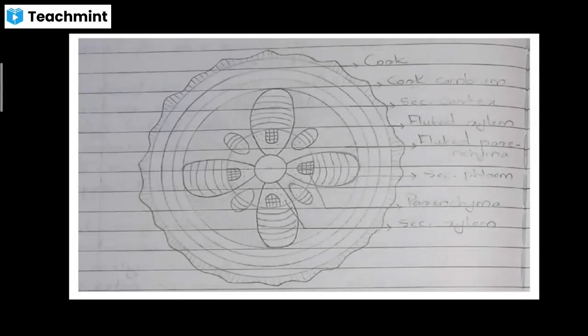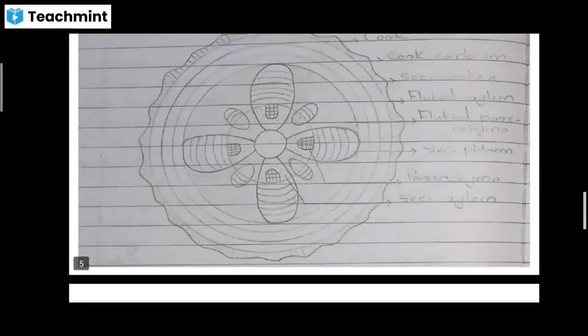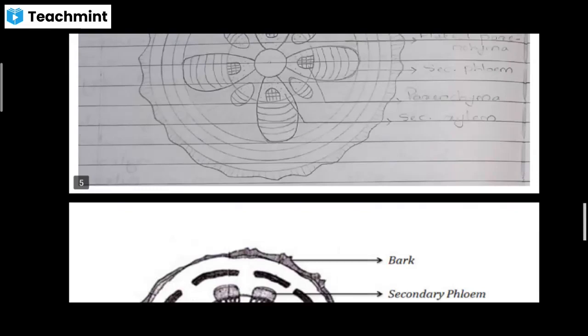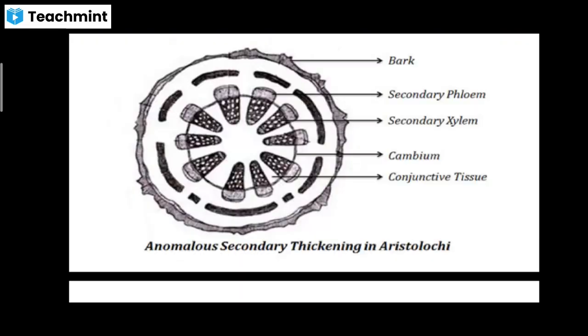Due to these anomalous modifications, the plant is helped in climbing. It is one type of adaptation or evolved character present in the Aristolochia plant. This is the clear picture of the anomalous secondary growth thickening in Aristolochia.